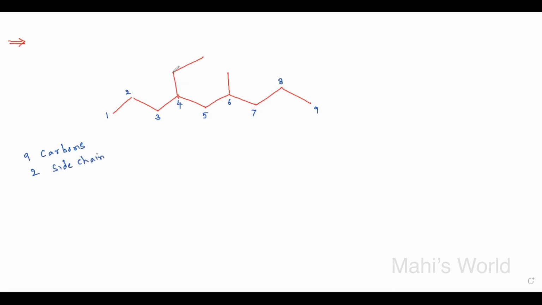You know, this has 2 carbons. When there are 2 carbons, the root word is eth. And when you have this kind of a connection, I told you that you have to call it yl. So, at fourth, you got ethyl. And at sixth, you got meth because there is only 1 carbon. Methyl.